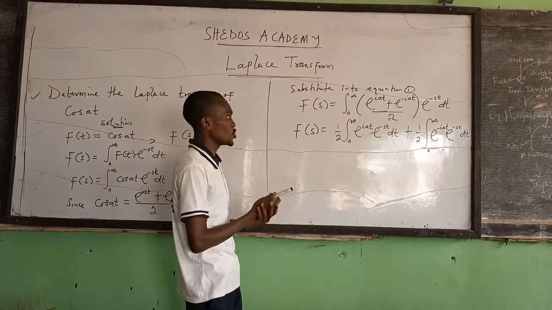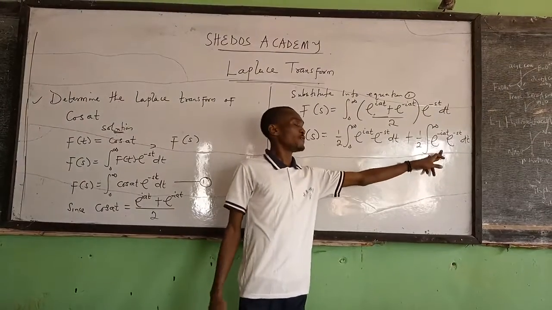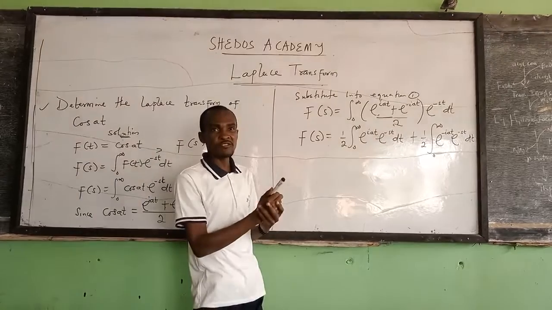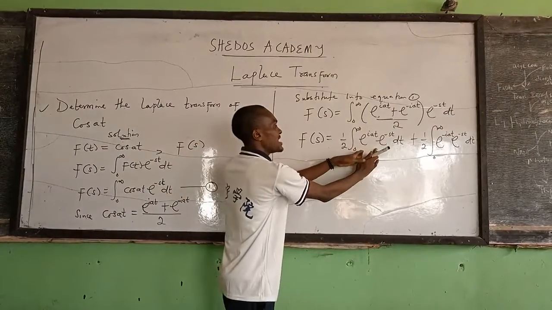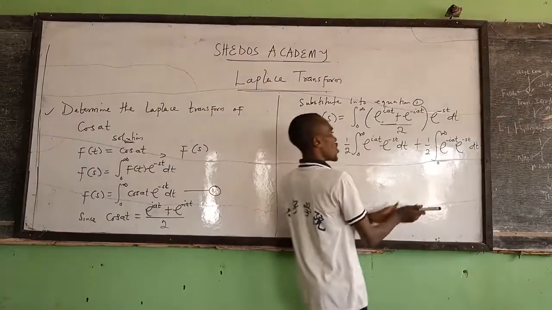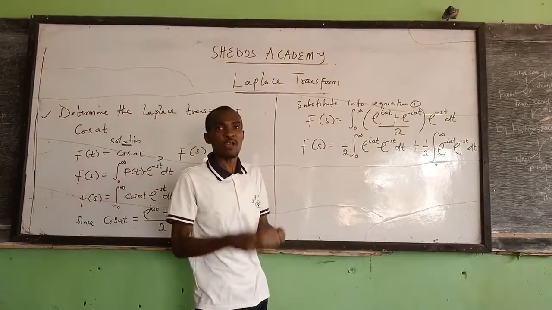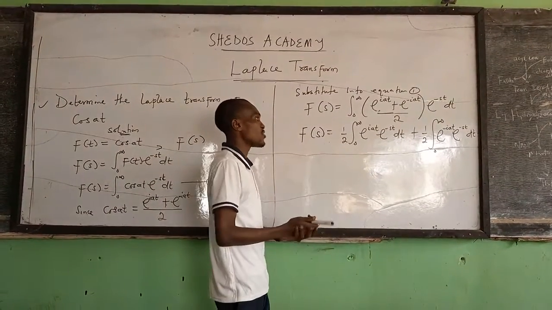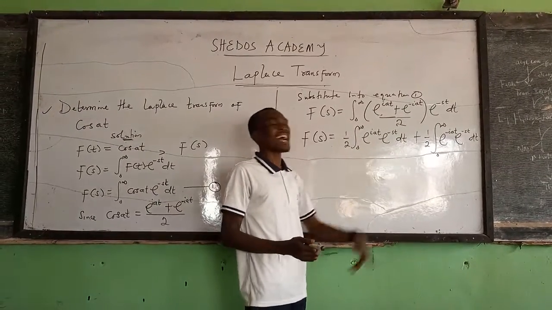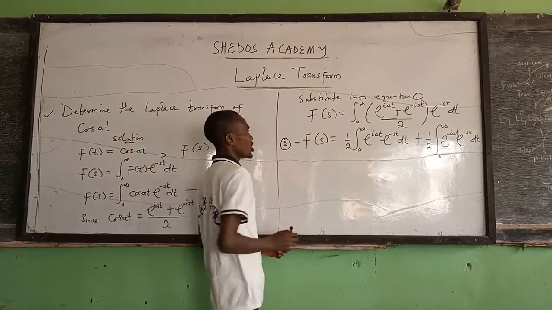So what we now do is to find the solution to this integral and the solution to this integral. But then, look at this. What are you seeing? This is actually a particular Laplace transform, and this is also a particular Laplace transform. So what we are going to do is to make use of that particular Laplace transform of this and substitute into this expression. Let's call this equation 2.